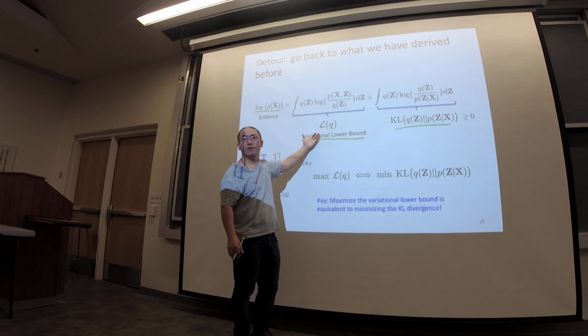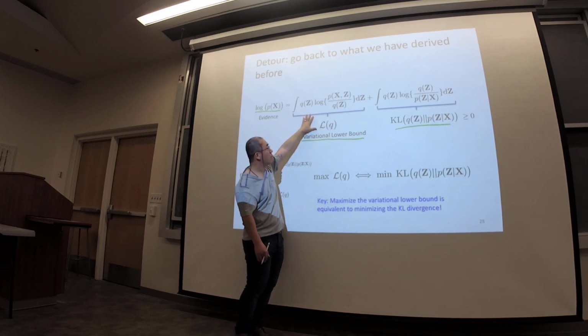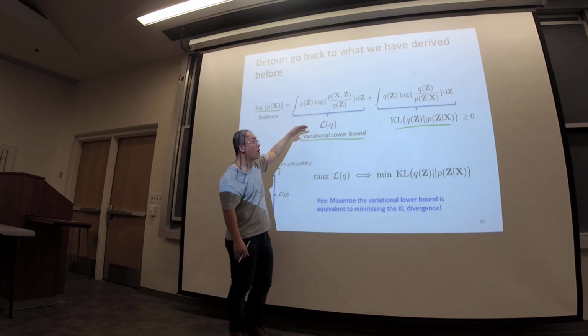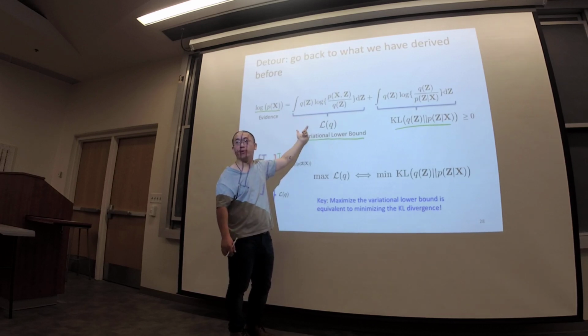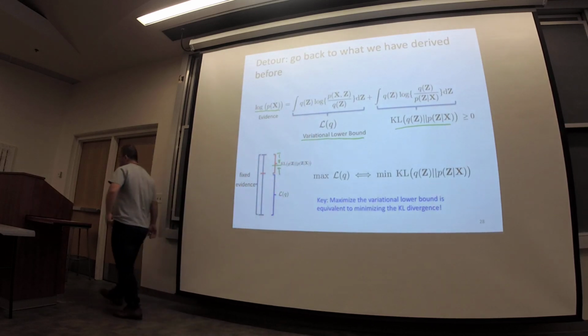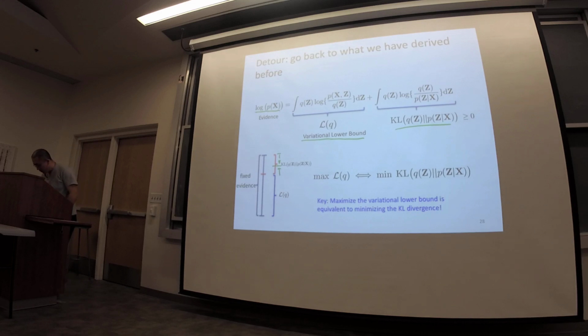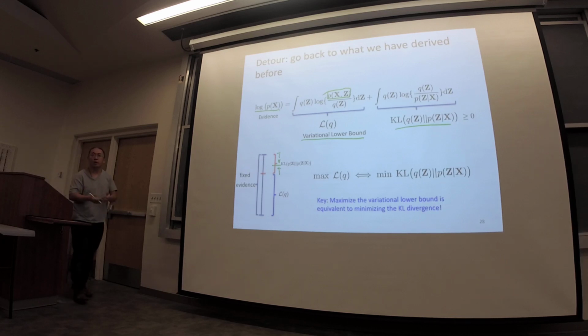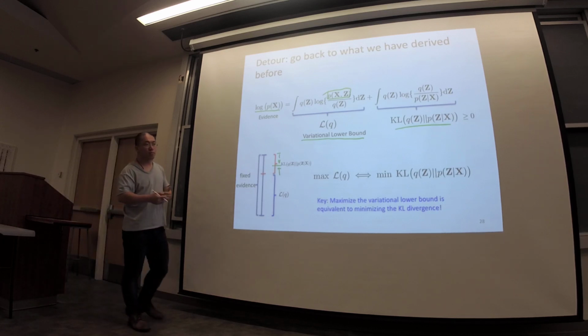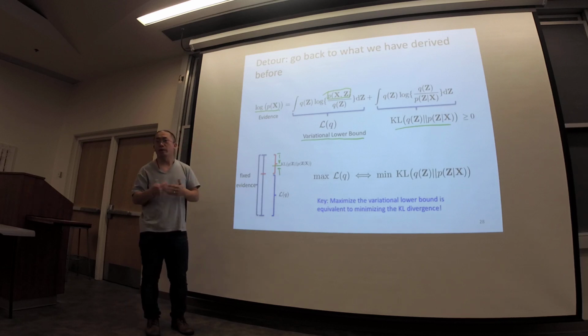That's the key idea. If you take a look at the calculation of the variational lower bound, we find that we never need to compute the true posterior. All we need to do is evaluate the joint probability distribution. The joint probability is always assumed to be computable. When you design the model, you can write down the joint probability and compute it.